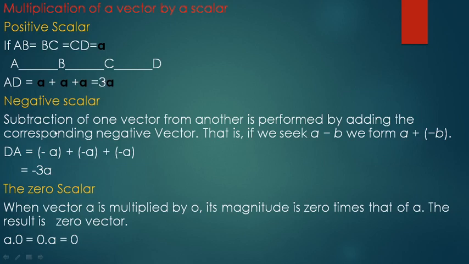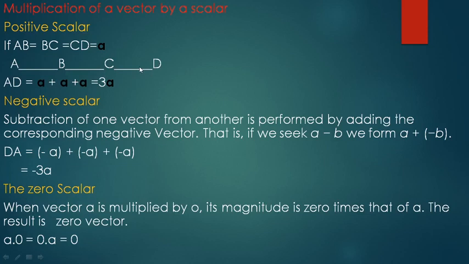Then a negative scalar. If we want to move from D to A, remember the direction you were told is A to D. You want to move now D to A, so you go the reverse.